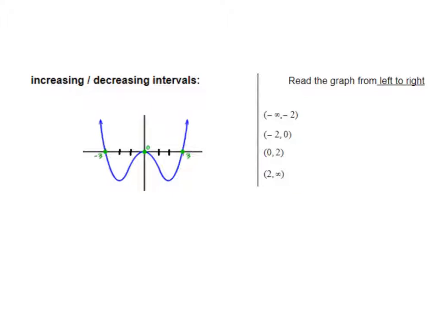That means we're going from, and I should probably put, these are the x's. Okay. So we're going from x is negative infinity to negative 2. So that would be this area right here. If you read that from left to right, we are going down. So we are decreasing.